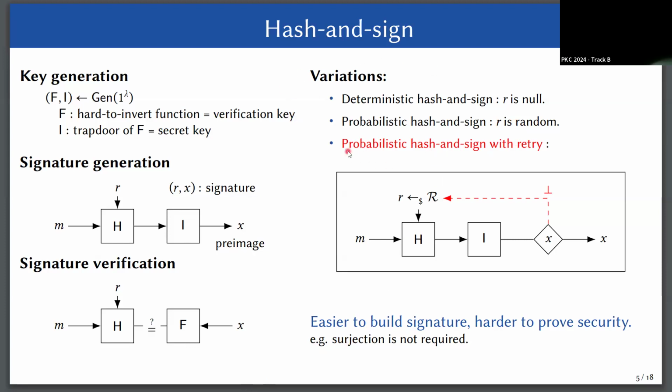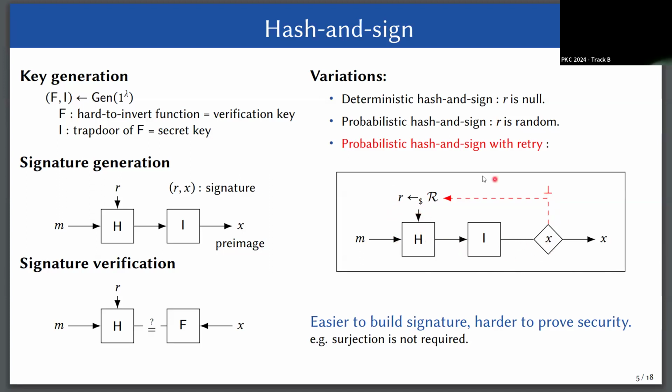There are three variations. The deterministic Hash&Sign doesn't use r at all. The probabilistic Hash&Sign uses a random r. The probabilistic Hash&Sign with retry executes the signature generation like this. After generating a preimage x, we check whether this x is valid or not. If it is valid, we output x as it is. Otherwise, we take another r and do the same thing.